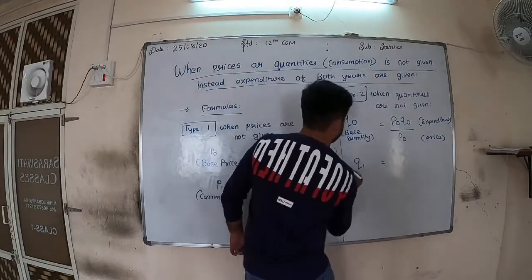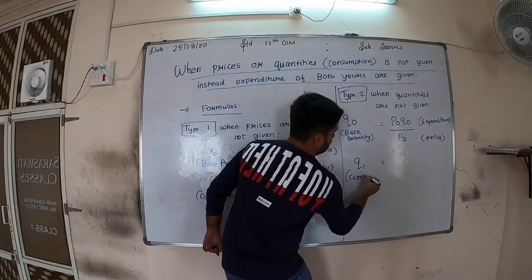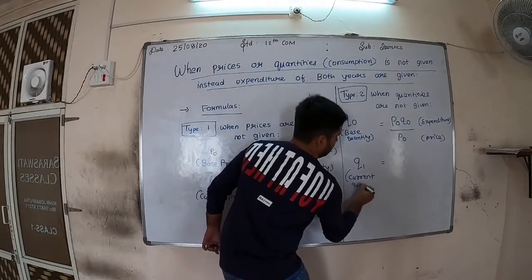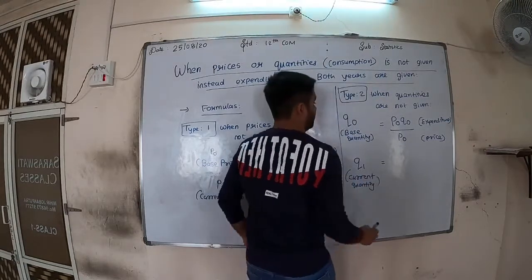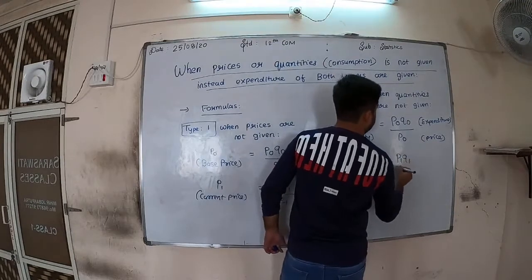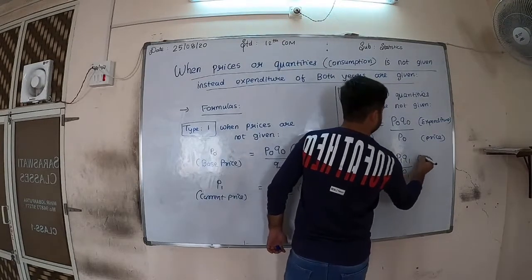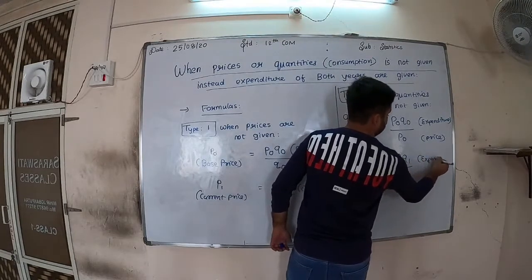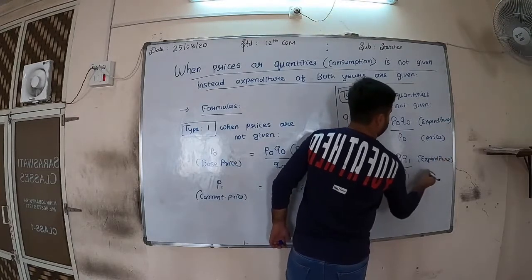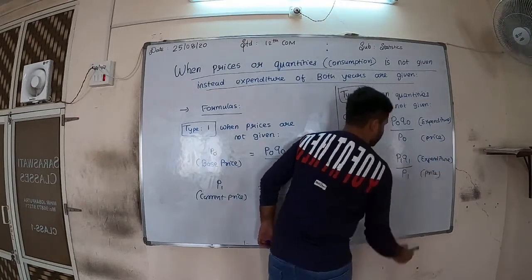Q1, current quantity, that is P1 Q1 divided by P1, expenditure by price.